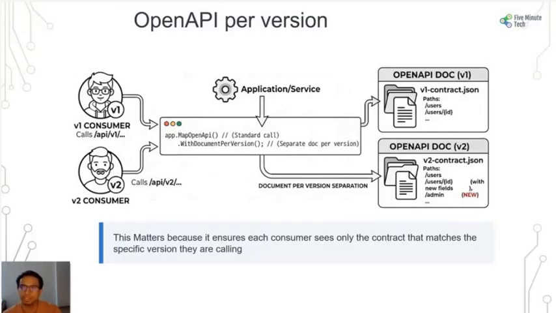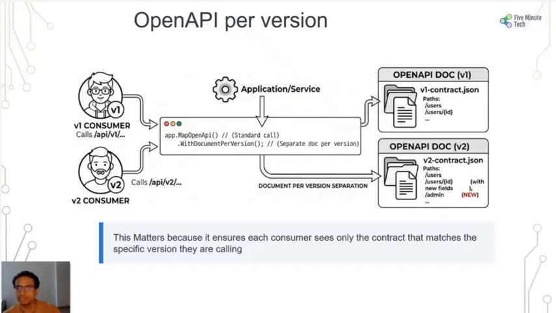So how does OpenAPI per version work? You have V1 consumers as well as V2 consumers. V1 consumers continue to call your /api/v1 and V2 consumers call your /api/v2. In your MapOpenApi method, with the WithDocumentPerVersion extension, you have a separate doc per version.